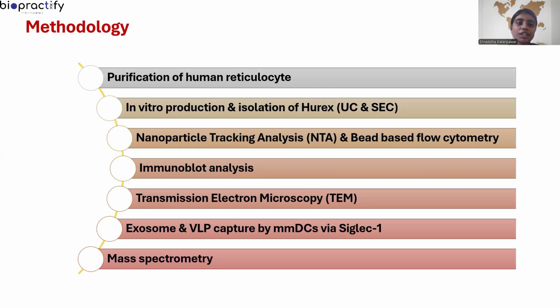In methodology, the first step is the purification of human reticulocytes. This human cord blood sample was collected from a hospital in Barcelona with regulatory approval.